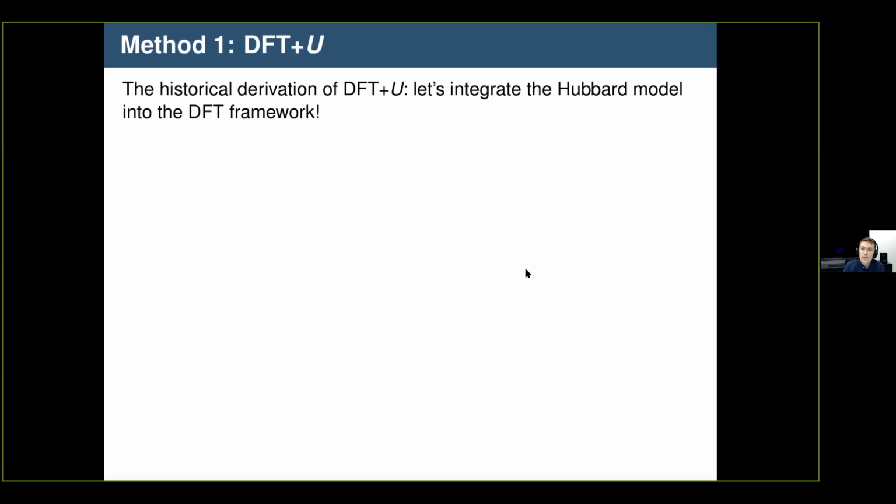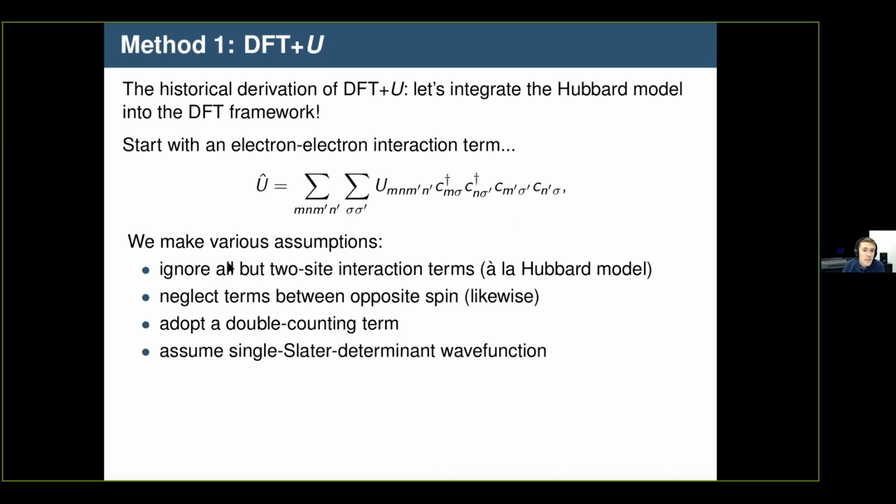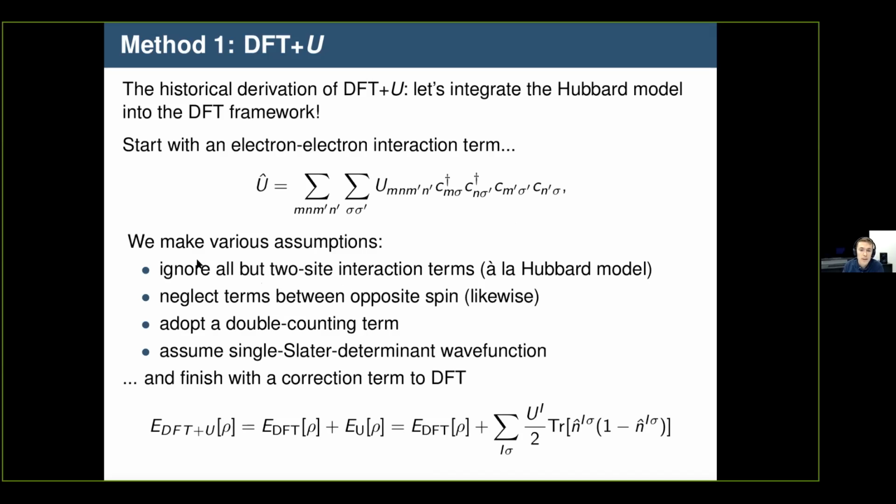So I start off with some sort of electron interaction term for the derivation. You make various assumptions, which I won't go into detail, but the end result is you finish with this corrective term to density functional theory.